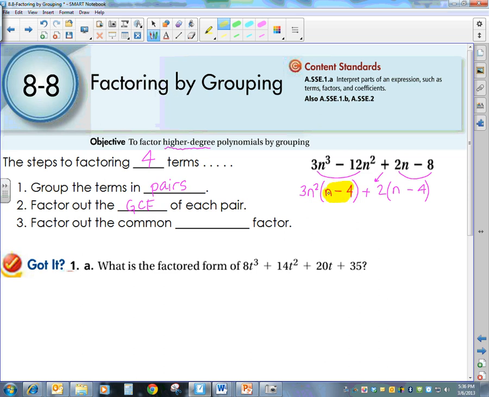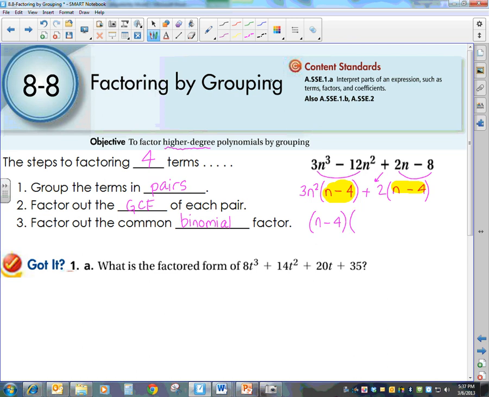These two factors, they're n minus 4 and n minus 4. Okay? That is the common binomial factor. So what I'm going to do is we're going to factor out that binomial factor. We're going to take it out, so we have n minus 4.